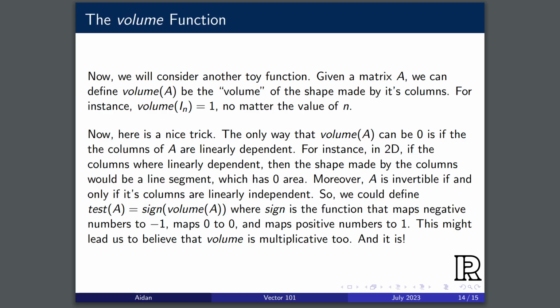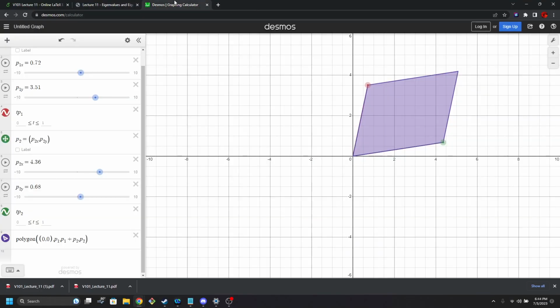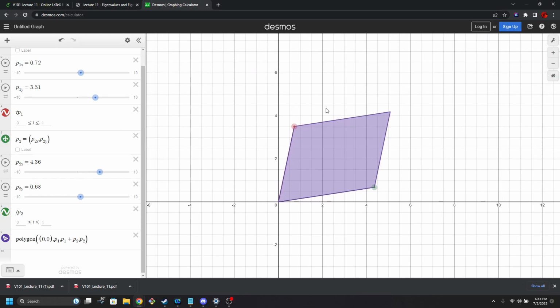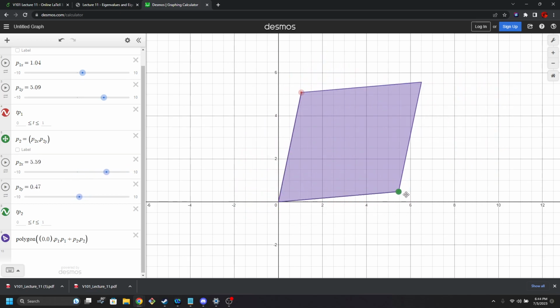Well, I'm going to pull up Desmos this time. Actually, I prepared something for this. So let's say that the two columns of my matrix are given by this red vector and this green vector here. The volume I'm talking about then is actually the area of this purple parallelogram.